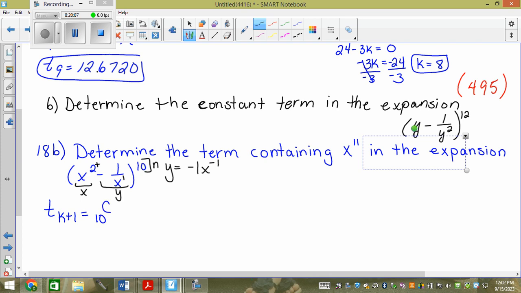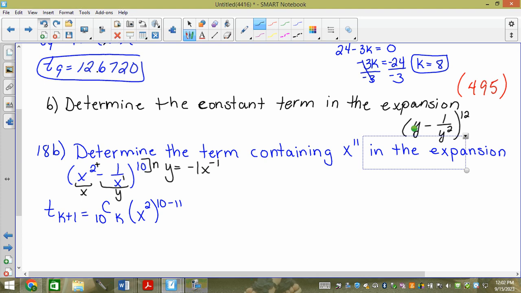None of this changes. x is x squared to the 10 minus k. And then y, which is negative 1 times x to the negative 1, to the k.